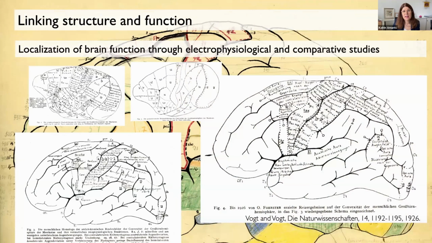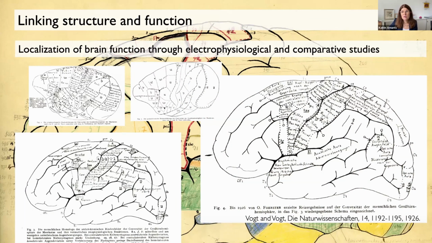They also understood that brain structure and function are not so easily connected in the human brain. In particular, physiological experiments are practically impossible. However, they collaborated with Ottfried Förster, who worked in Königsberg, which is now Kaliningrad.